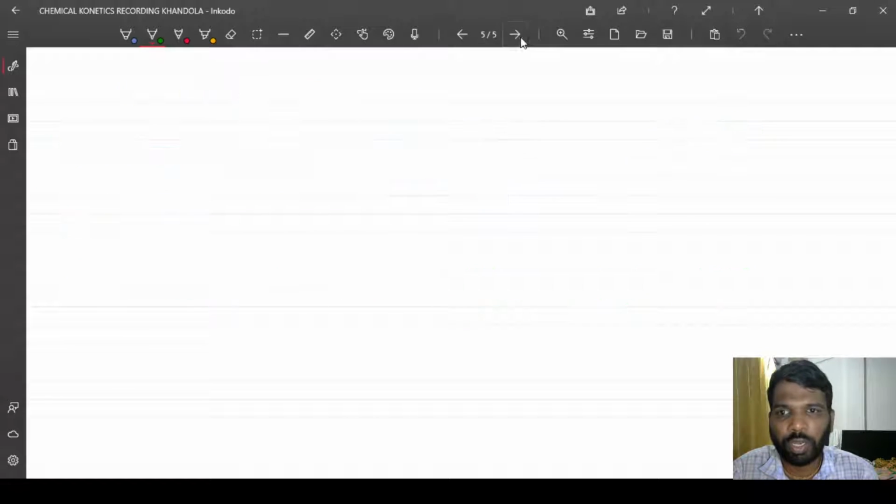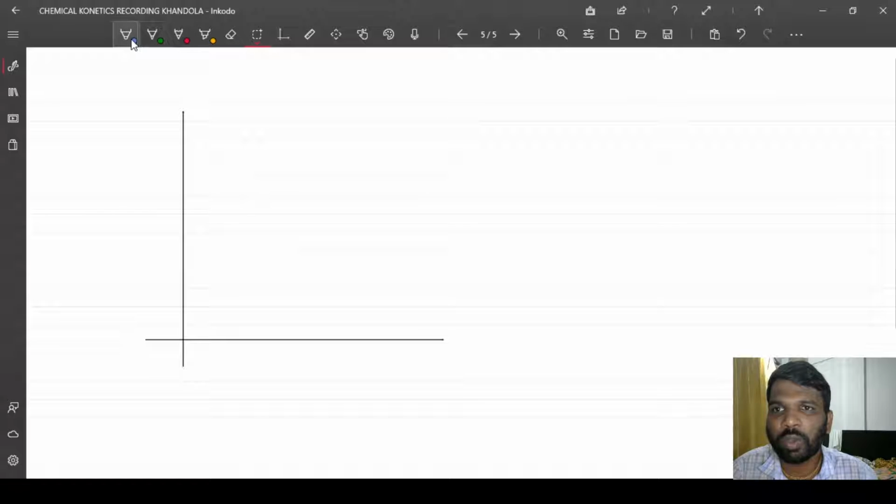If I draw two graphs, okay, I'll just write one graph in terms of the reactant. Let's say this is the graph, and the decrease in the concentration of the reactant will be in this manner. It will fall in this manner. It will be a logarithmic curve.